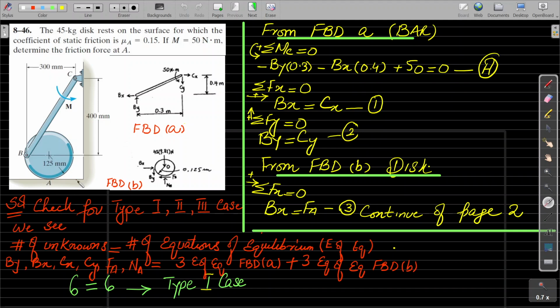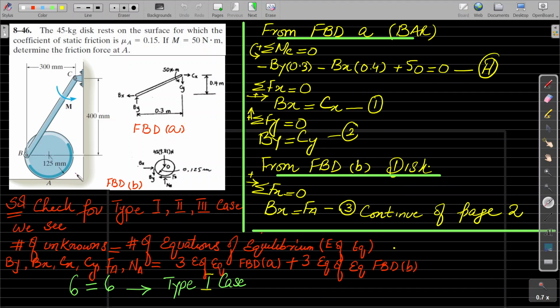If we break up this bar, here it is. Bar B is connected with a pin support to the disc, so there will be two reaction components, and the bar at C is also connected with a pin connection, so there are two components, Cx and Cy. The horizontal distance from C to B is 300 millimeters, so 0.3 meters.